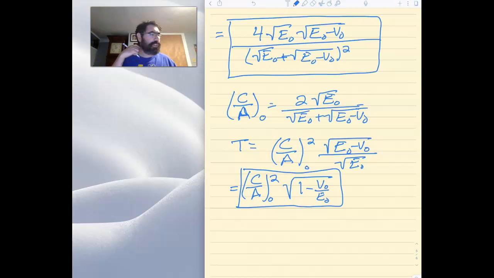So now we have relationships for the transmission coefficient, transmission probability, and the reflection probability. So now, based on the energy and based on the height of the barrier, we can determine the probability that the particle is going to bounce back, and the probability that the particle is going to go straight through, modified by the barrier.